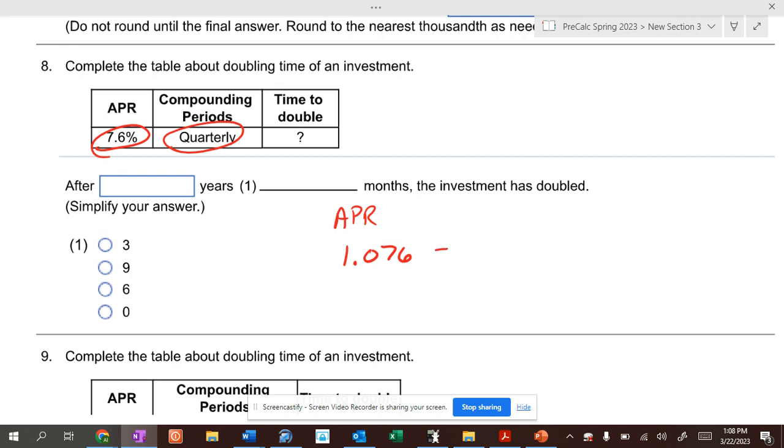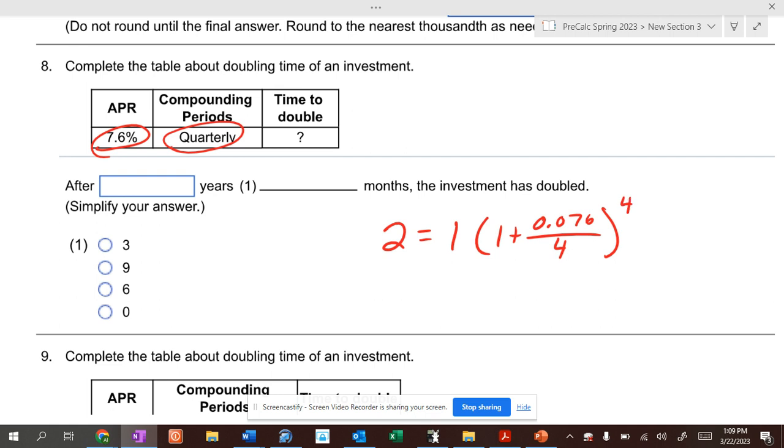So the time it would take to double would be $2 versus $1 times 1 plus the interest rate, which is 0.076 divided by 4, to the 4t power. Okay, if we divide each side by 1, that disappears.